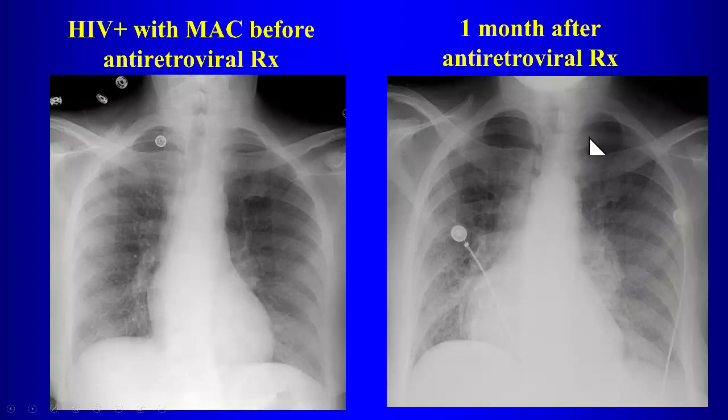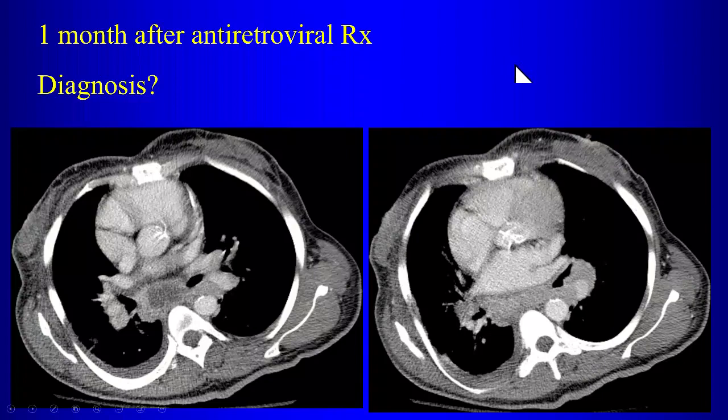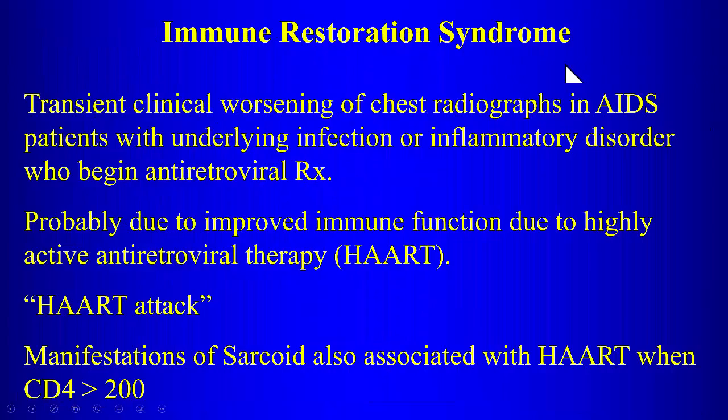So immune reconstitution syndrome can occur with antiretroviral therapy. So the lymphadenopathy can get worse, right? So you can see lymphadenopathy here that gets worse in these patients after starting antiretroviral therapy. So it's immune restoration syndrome. It's a transient clinical worsening of chest radiographs in these patients.